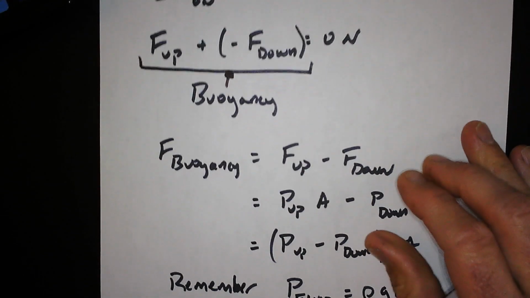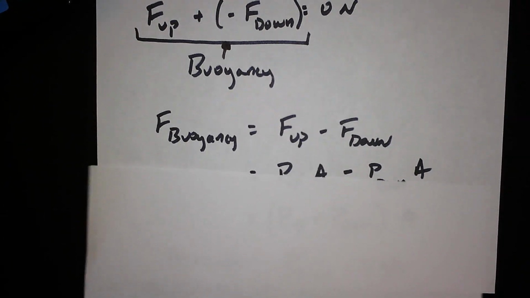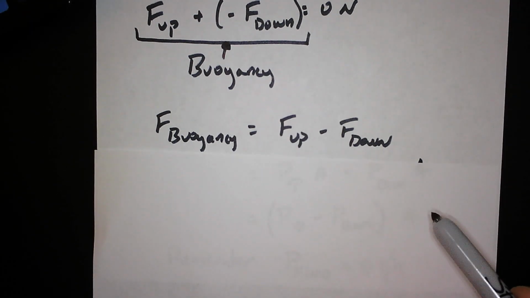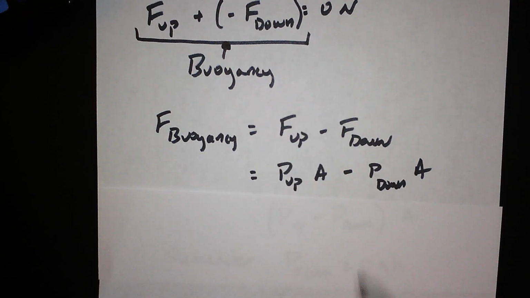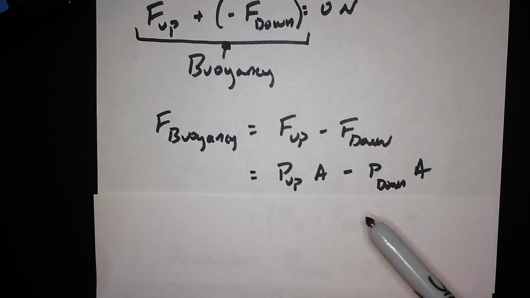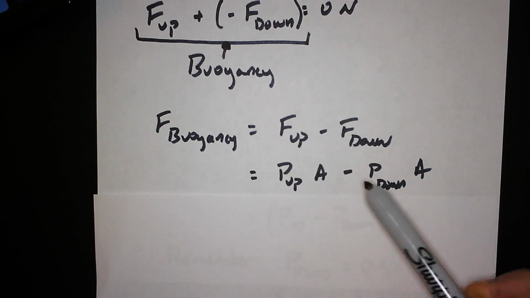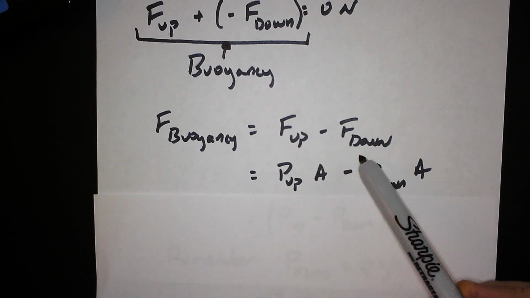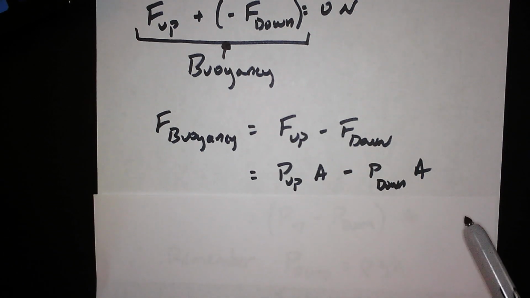All right, let's keep going. Let's look at some other math here. We have the buoyancy force is the difference between those two forces. If I substitute the pressure information, because that's the result of the pressure pushing on the object from the fluid, I have pressure up times area, and pressure down times area.